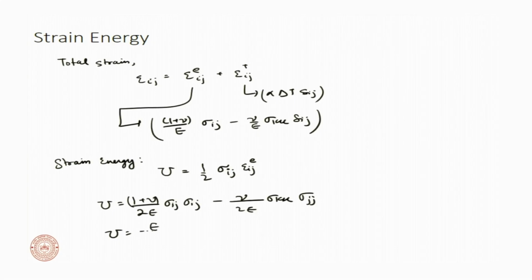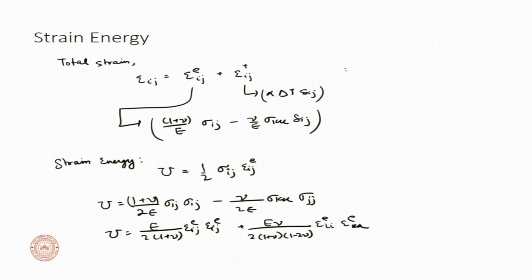In terms of strain, it is E over 2(1 plus nu) epsilon ij epsilon ij. Again, this is a double dot product, so you are just adding up all components multiplied: sigma 11 squared plus sigma 22 squared, sigma 33 squared, 12 squared, 23 squared, and so on, plus E nu over 2(1 plus nu)(1 minus 2 nu) times the square of epsilon kk. Okay.